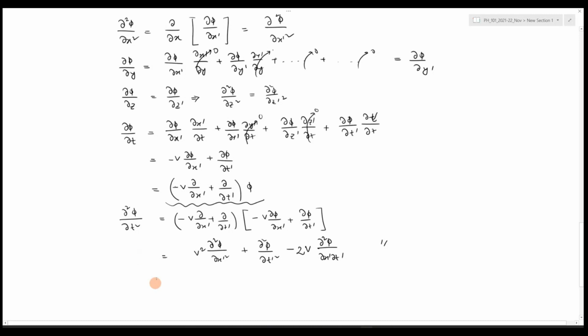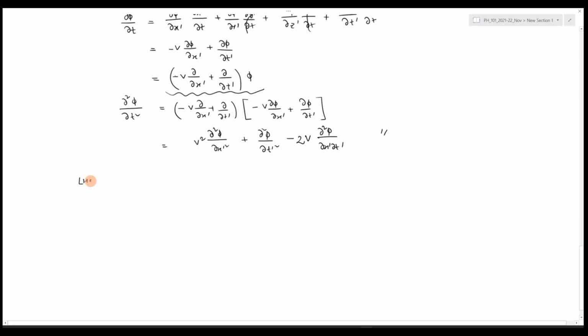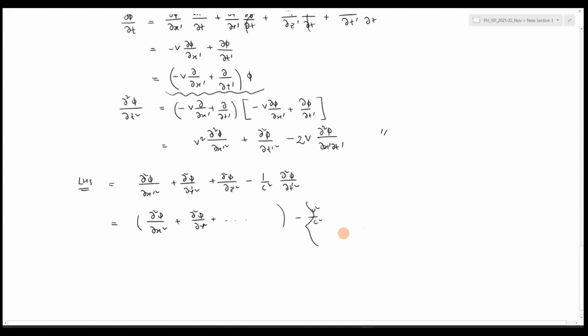Now, if we write the left hand side like d²phi by dx prime squared plus d²phi by dy prime squared plus d²phi by dz prime squared minus 1 by c² d²phi by dt prime squared, then we will see that it gives d²phi by dx² plus d²phi by dy² plus these terms, plus some additional terms like v² by c².